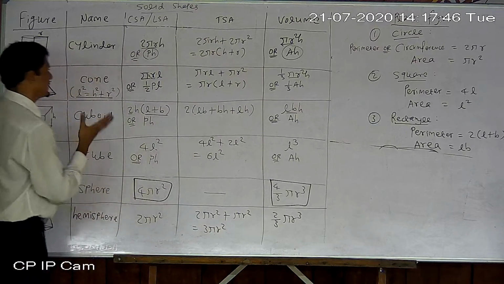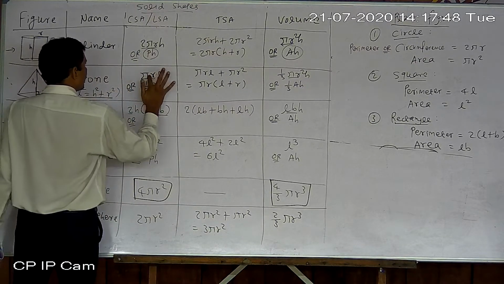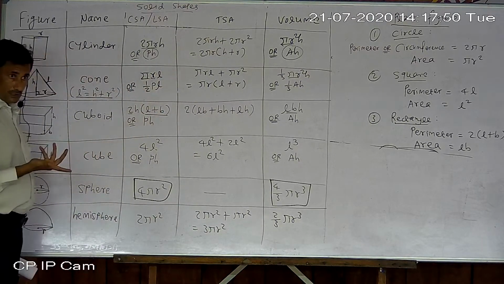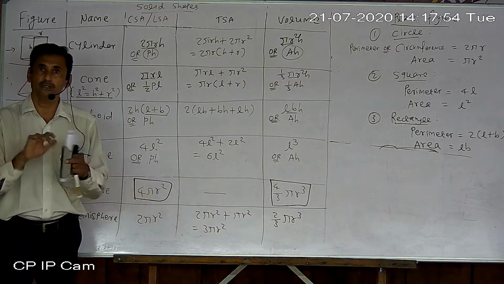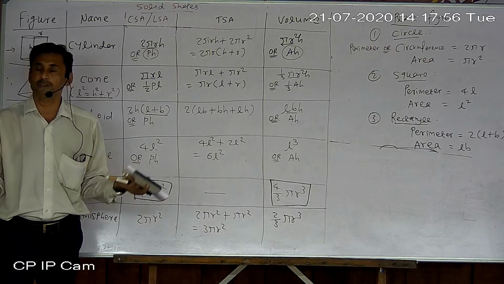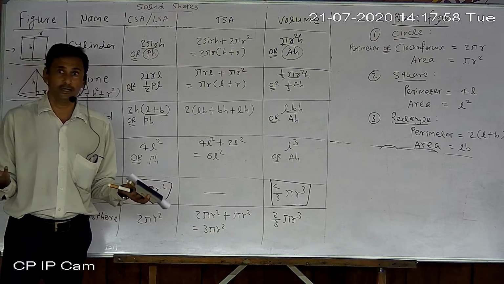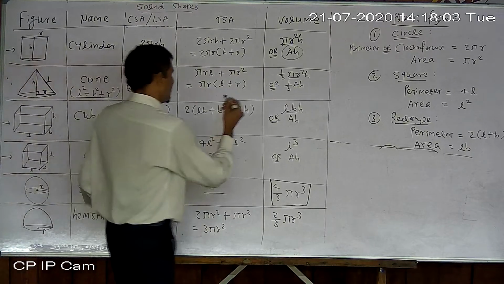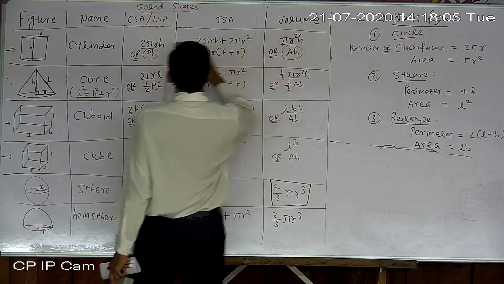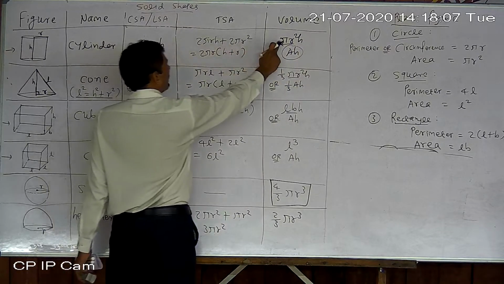Now many students make creativity in formula. They are just like a chemical reaction; they combine two different formulas and form something new. So that creativity is not accepted at all. Sometimes many students write the volume of cylinder.